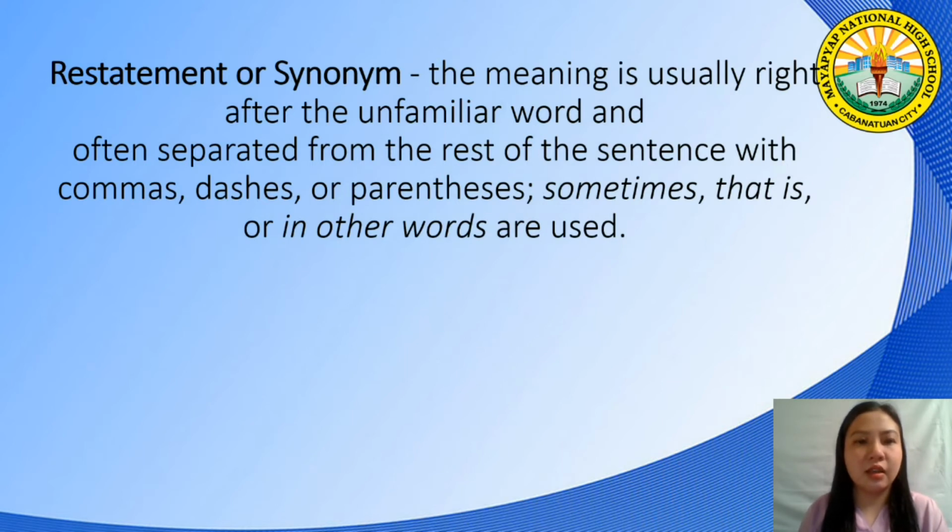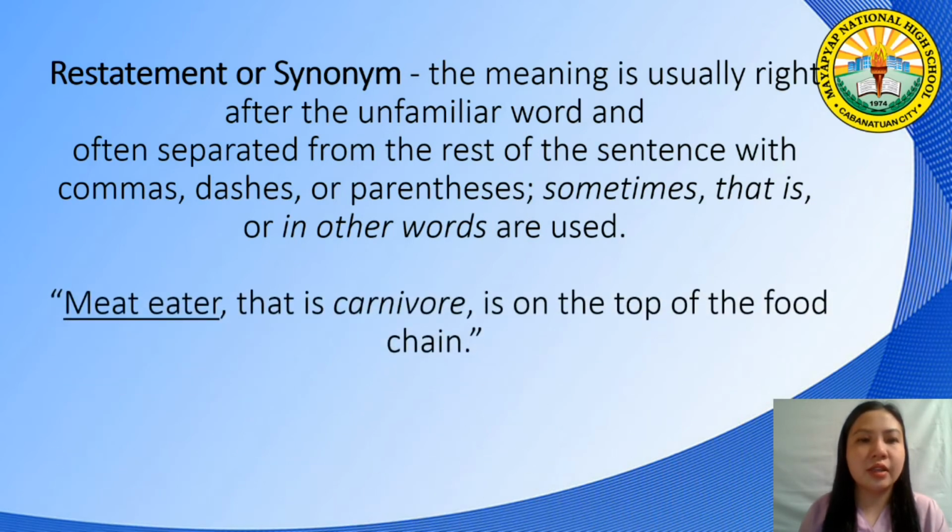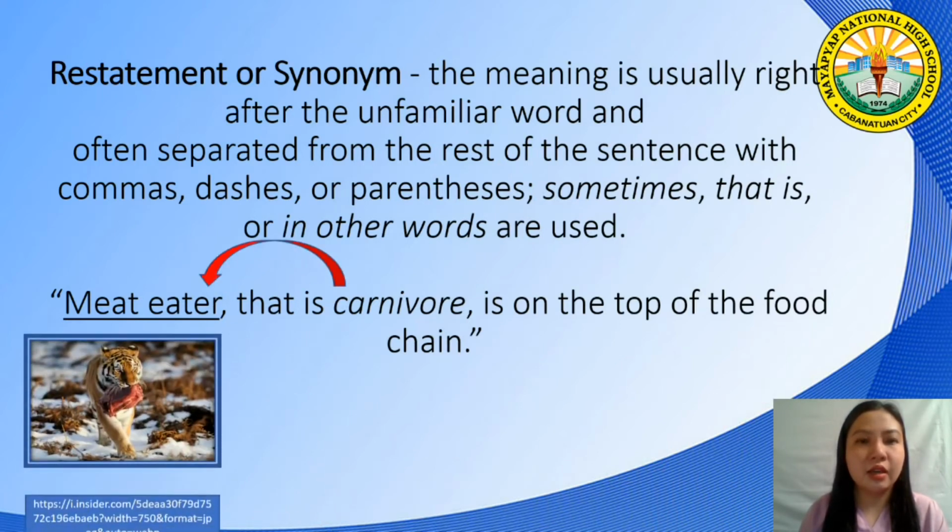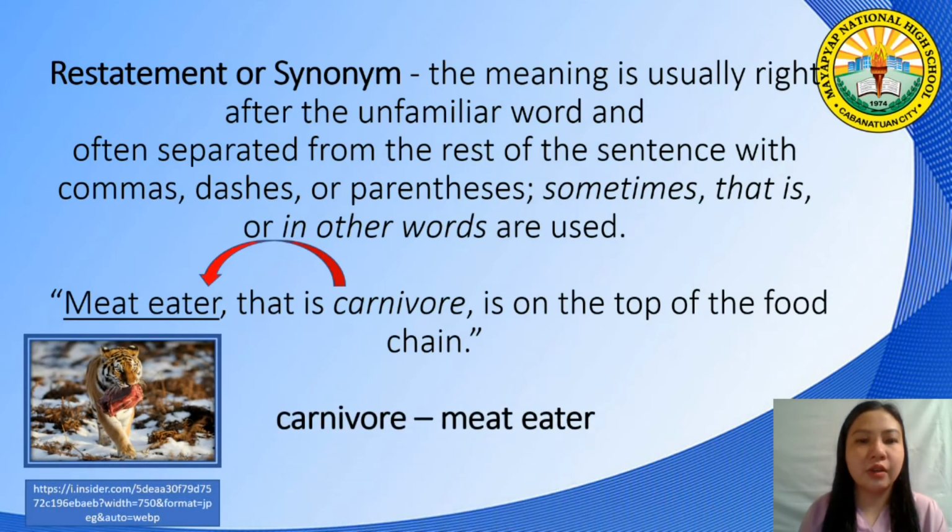Sometimes, that is, or in other words are used. Read this sentence. Meat eater, that is carnivore, is on the top of the food chain. The italicized word is restated using the underlined word, meaning to say, the word carnivore means meat eater.